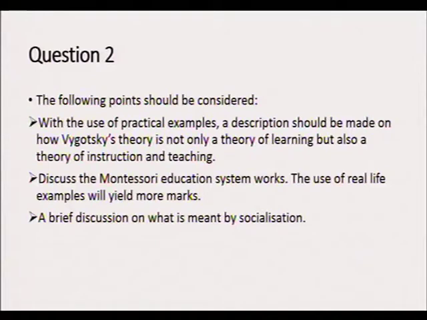Discuss the limitations, or why it might not be such a good system, according to the literature in your study guide or any other relevant book. The last part of question 2 asks you to give a brief discussion on what is meant by socialization.